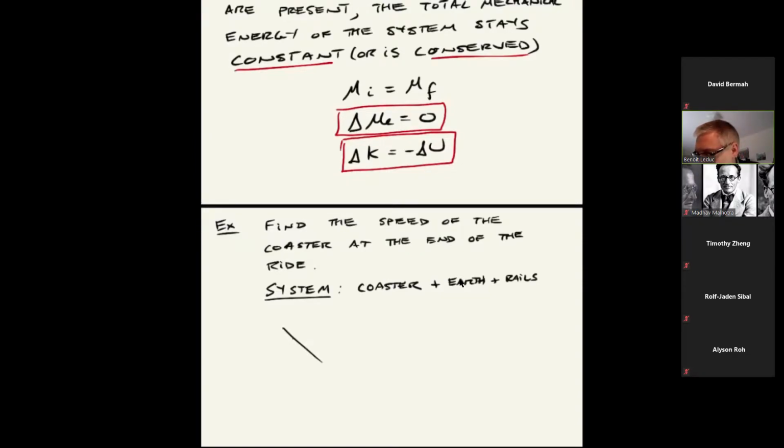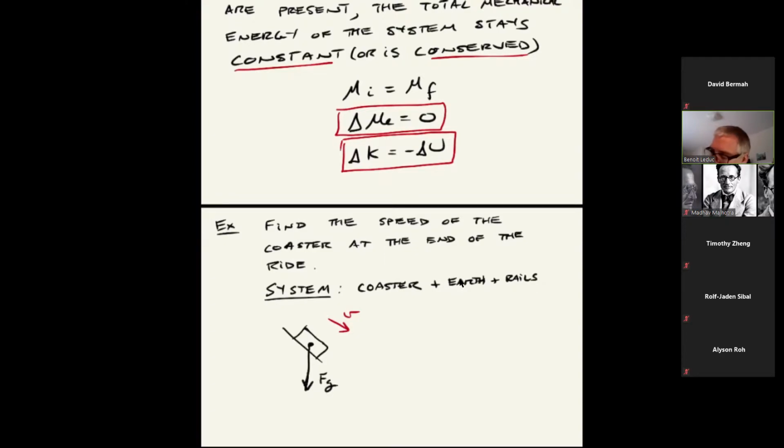Now, this is the cart here. I have a little FBD here. Now the rails do exert a force onto the cart. What type of force does the rail exert here?